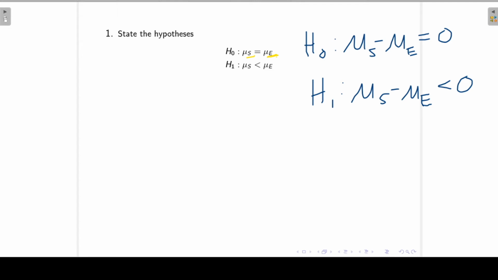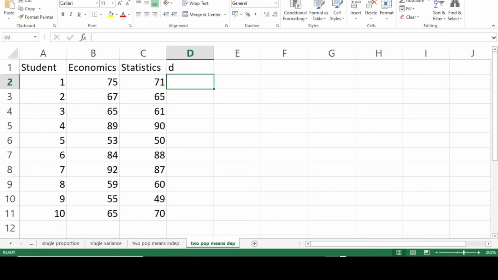So let's just go to Excel. You can go to the raw data in the Excel spreadsheet and we will calculate these differences. Okay, so what we have here is the 10 students, and for each student we have the economics and statistics marks. So to calculate the differences from the previous slide, our difference was the difference between statistics and economics. So we will calculate the difference as the statistics mark minus the economics mark.